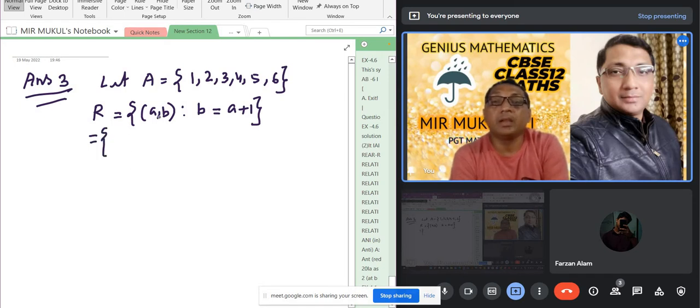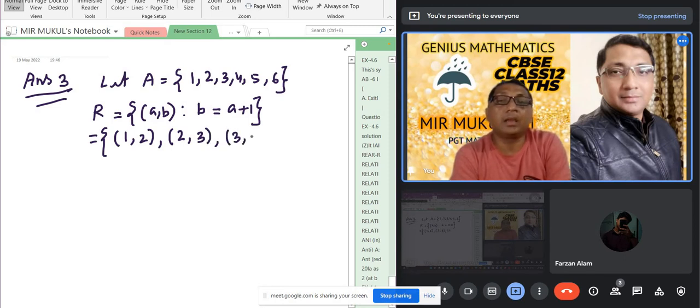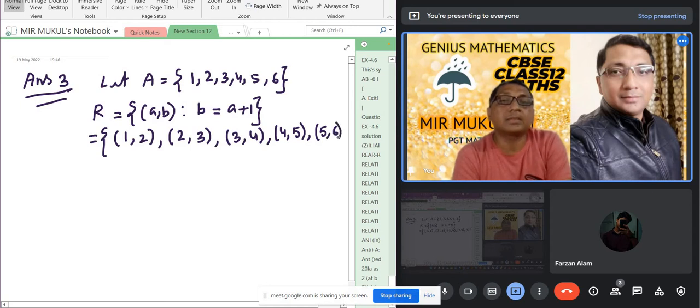If you write in roster form, then you can easily decide whether it is reflexive, symmetric or transitive. If you take 1, the image of 1 will be 2. The image of 2 will be 3, of 3 will be 4, of 4 will be 5, and of 5 will be 6.